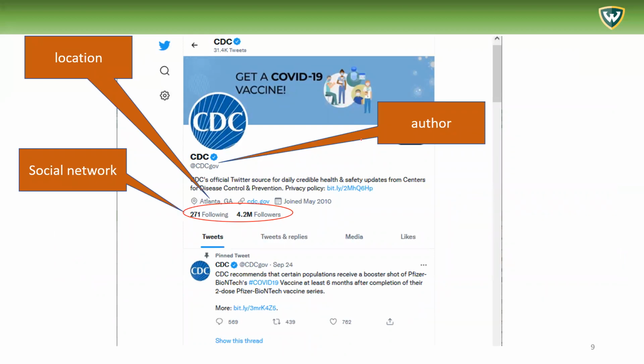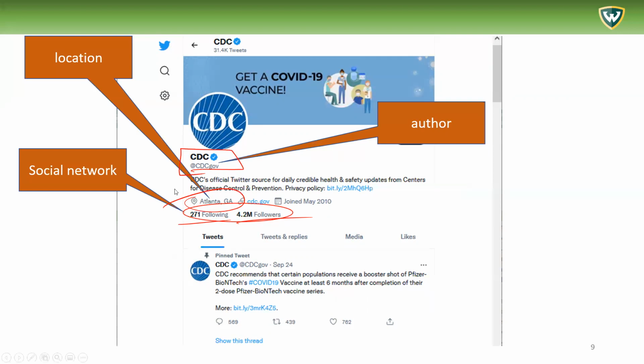Taking an example here of social media, as we may have talked about, there's already information here that is fairly structured in the platform, and might not really be considered unstructured text. So we have social network information, people following, people being followed, how many are followers, how many are being followed, the author or the entity that is running the page, and we have the location here, and we can figure it out because it's already structured in the background.